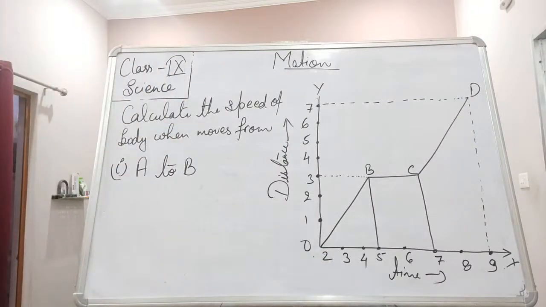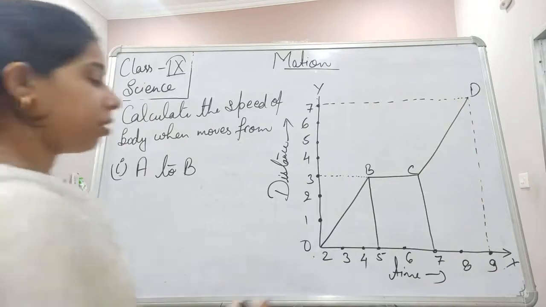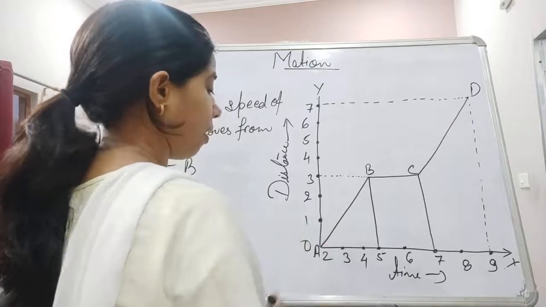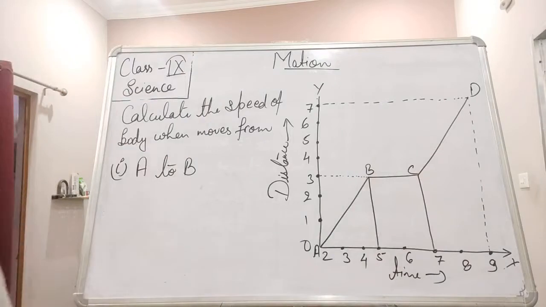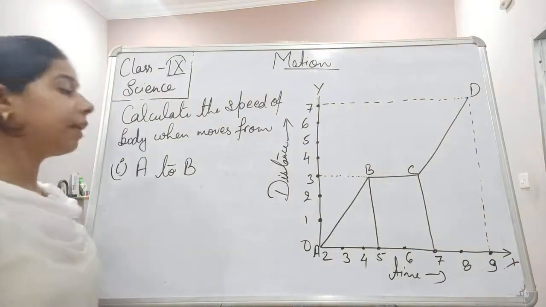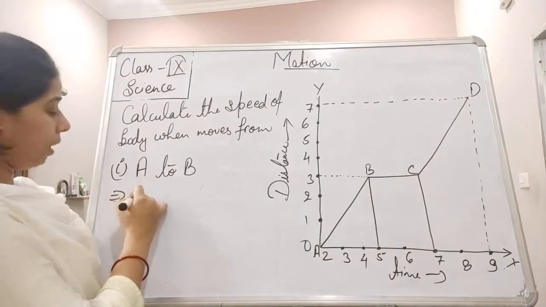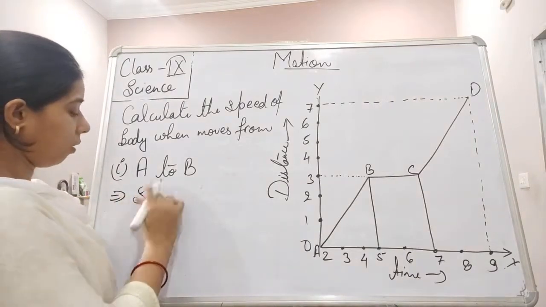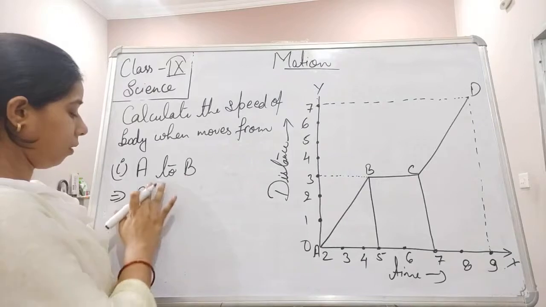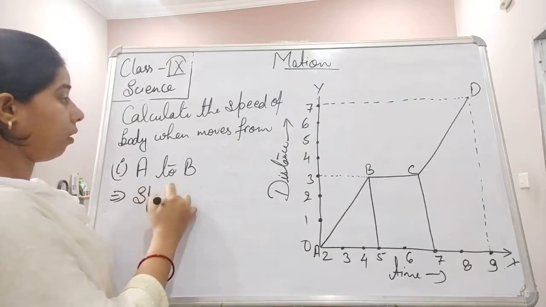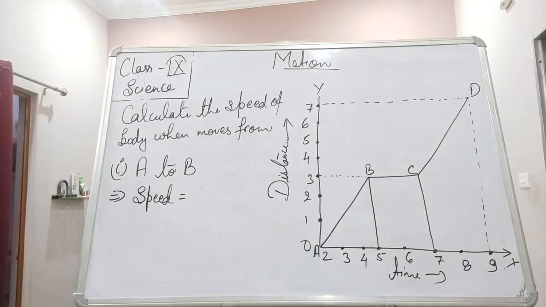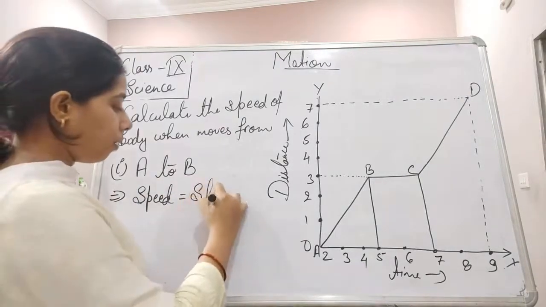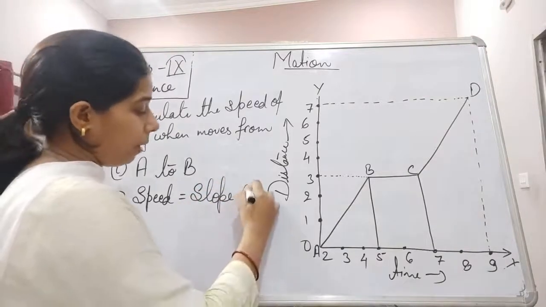What is this A to B, students? It will be slope AB. So this is A and this is B. Okay, A to B. Now, if we have to find the speed, speed will be equal to slope AB.